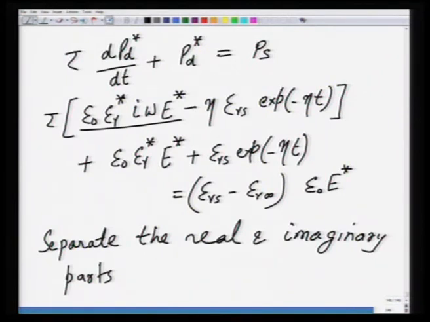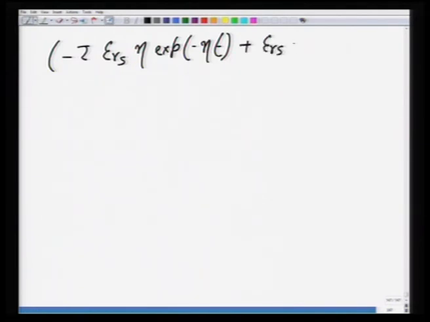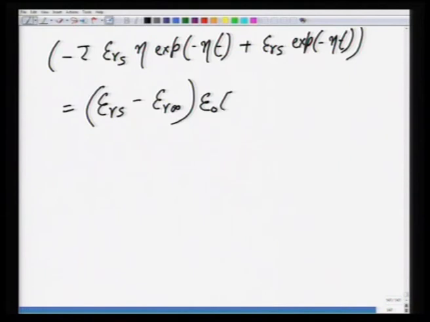Okay, so let us do that now. So, when you do that, we take minus of tau epsilon_rs eta exponential of minus eta t, this is the first part, plus epsilon_rs into exponential of minus eta t, and this goes equal to epsilon_rs minus epsilon_r infinity into epsilon naught E star, because this is a complex part, minus of tau epsilon naught epsilon_r star i omega E star minus of epsilon naught epsilon_r star E star.